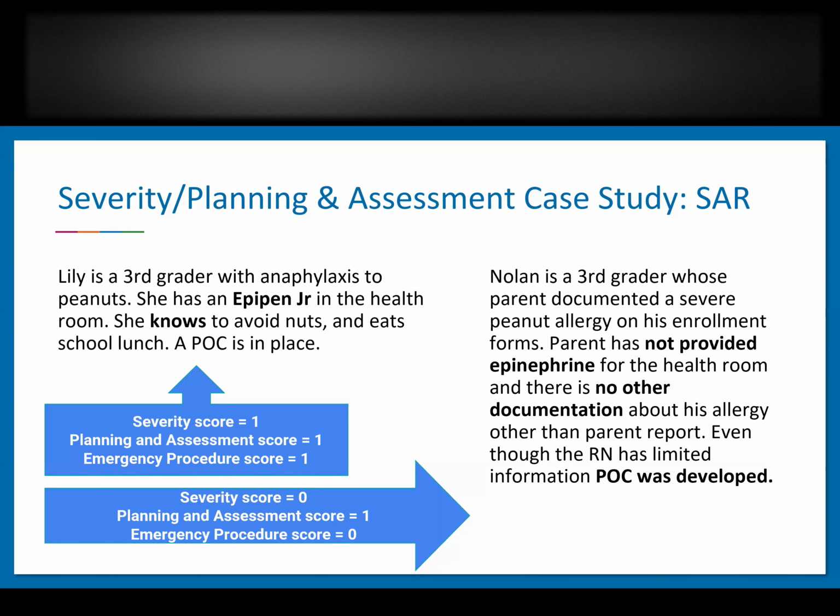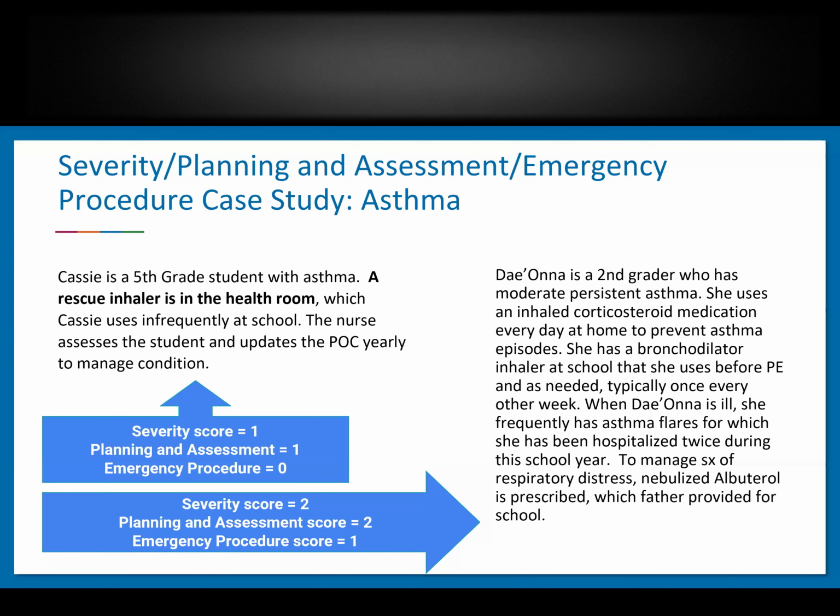Deona is a 2nd grader who has moderate persistent asthma. She uses an inhaled corticosteroid medication every day at home to prevent asthma episodes. She has a bronchodilator inhaler at school that she uses before PE and as needed, typically once every other week. When Deona is ill, she frequently has asthma flares for which she has been hospitalized twice during this school year.